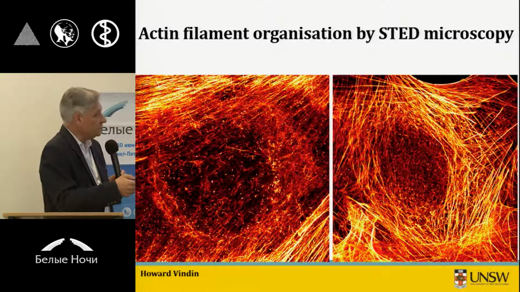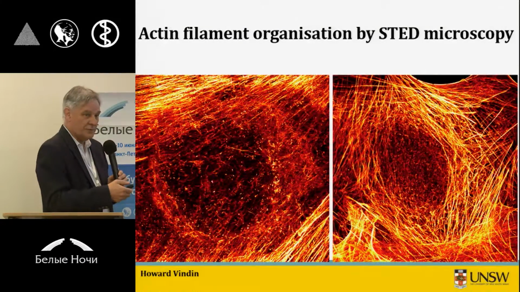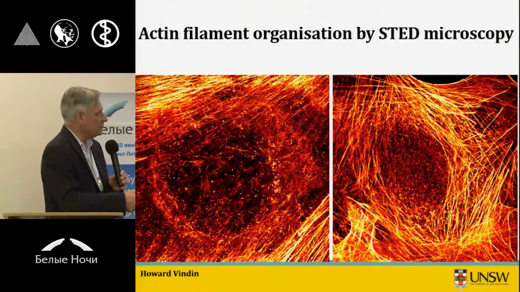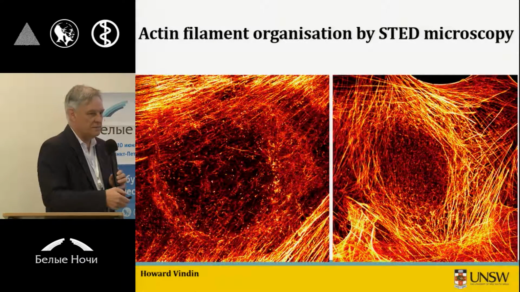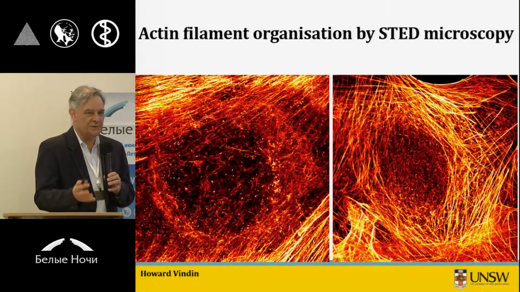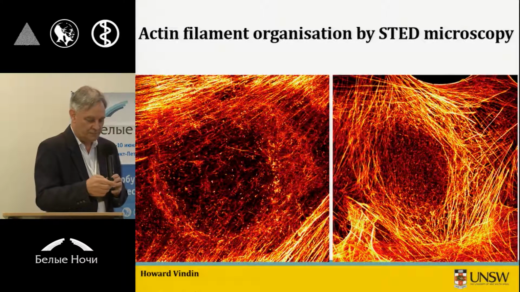This is a super resolution image of a neuroblastoma cell, and the message I wanted you to take from this image is, again, the cytoplasm is completely filled with actin filaments. These filaments are doing a range of different jobs within the cell.